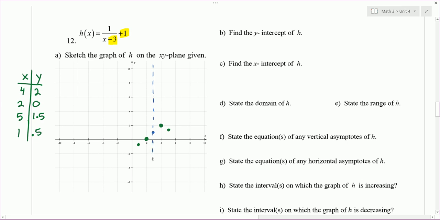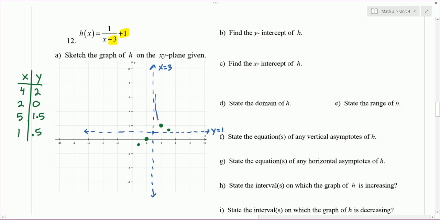Our vertical asymptote is right here at x equals 3, and our horizontal asymptote is right here at y equals 1.